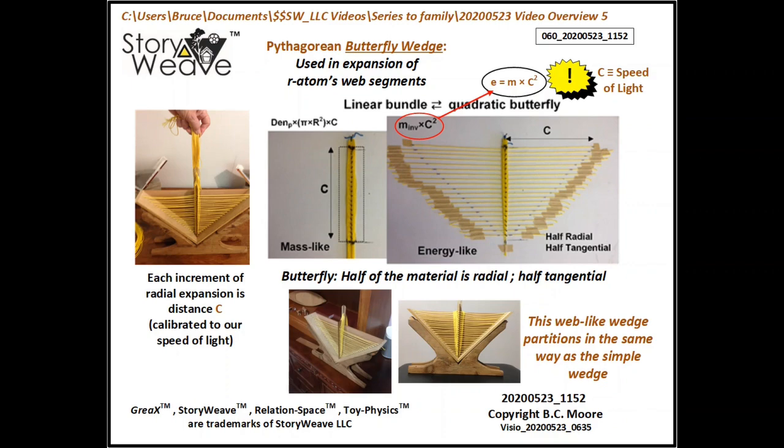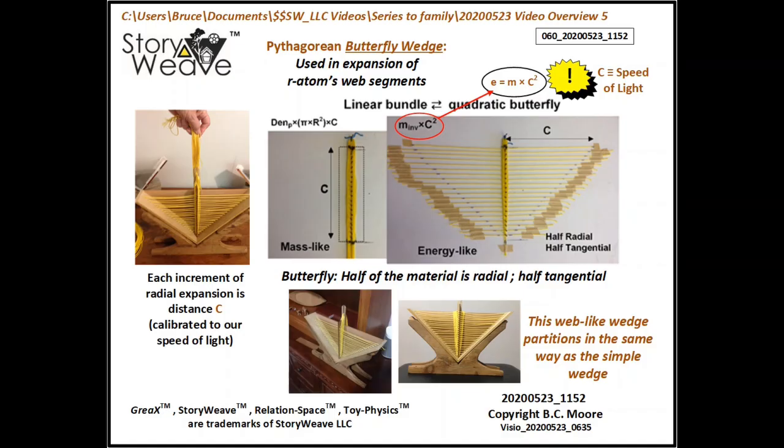It's good here to think of the context in which this butterfly emerged, and that is in thinking of an expanding web. It had already got to the point where the idea was that every atom in a toy physics universe has a spinal body that expands radially, and that radial expansion feeds the expansion of the tangential web.